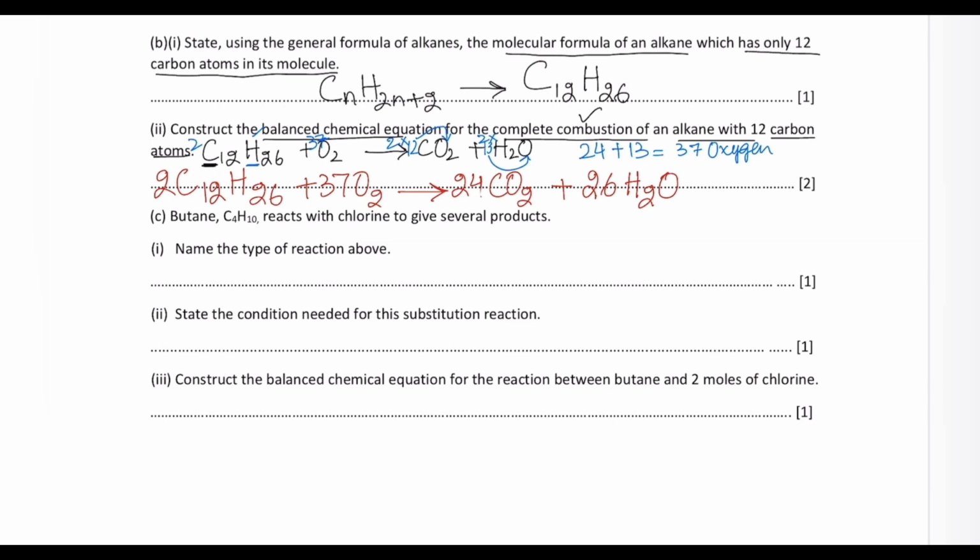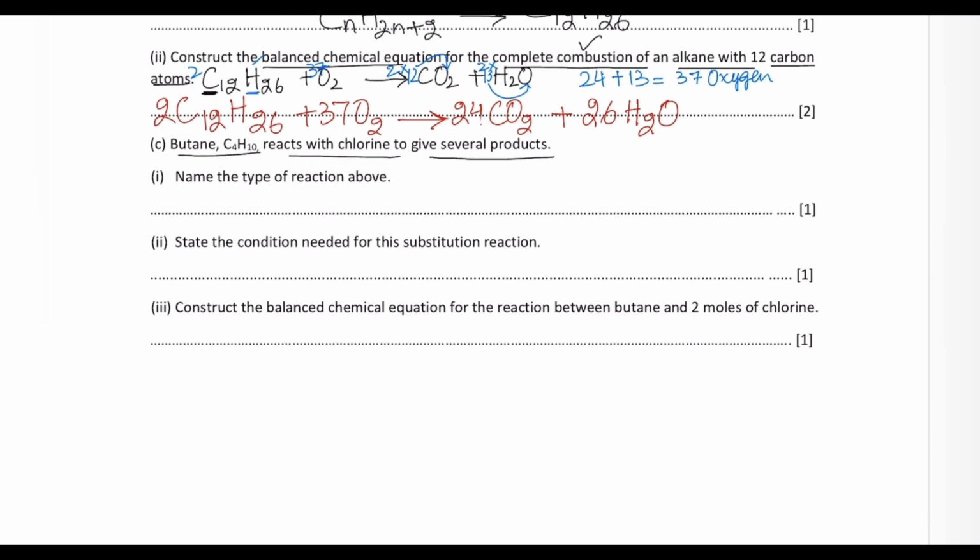Next, part C: butane C4H10 reacts with chlorine to give several products. Name the type of the reaction above. So, as the alkane in this reaction is reacting with the halogen, the halogen atoms are going to substitute the hydrogen atoms in the butane.